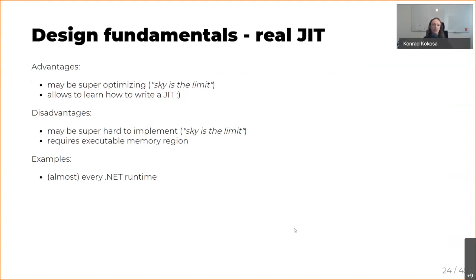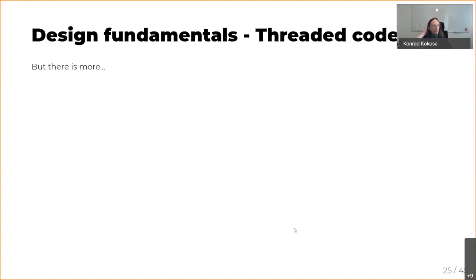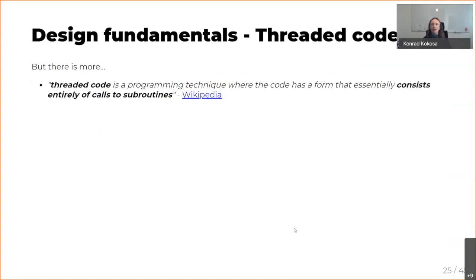So it sounds like I should follow this direction, but there is something in the middle, which is called threaded code. You can look at it on Wikipedia. Threaded code is a programming technique where the code consists of subroutine calls.